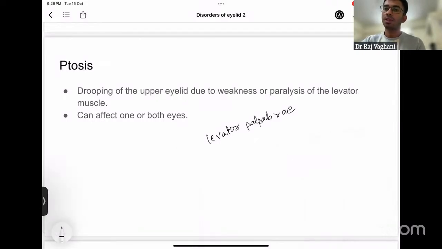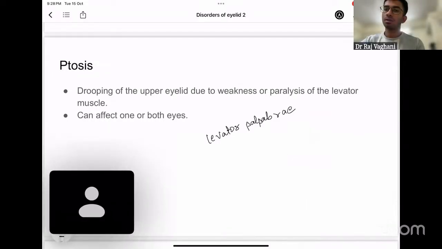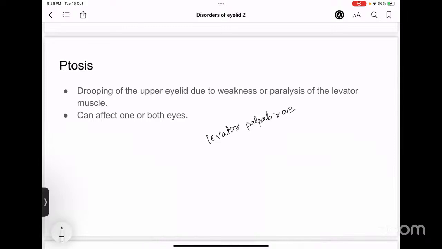Levator palpebrae superioris muscle. So this is also known as LPS muscle. Okay. So this is the muscle that you have to remember. Ptosis is drooping of the upper eyelid due to the weakness or paralysis of the LPS muscle.